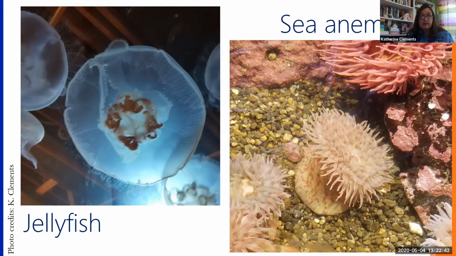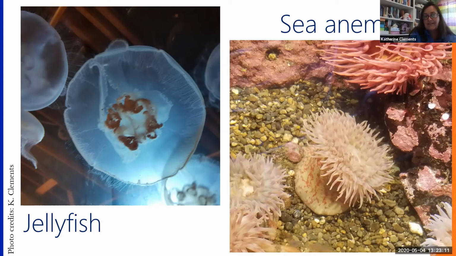Both of these organisms belong to the phylum that have tentacles around their mouths that have stinging cells that inject toxins into their prey, like little fish that they eat. They also breathe through their skin and have radial symmetry, the one where you can draw a circle around and cut them into different pieces that all look the same. Do you remember that fun word that I love to say?